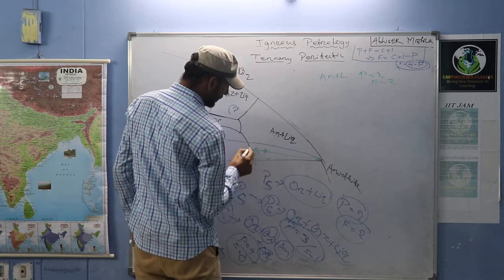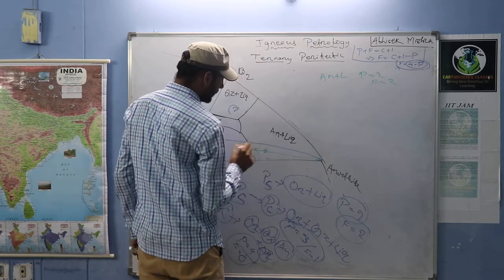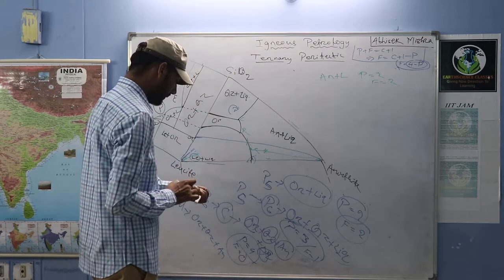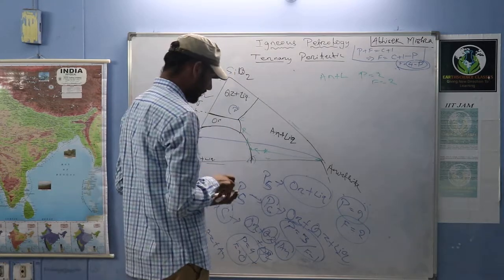It will touch here. From this point it will move towards reaction point R. This is cotectic C.